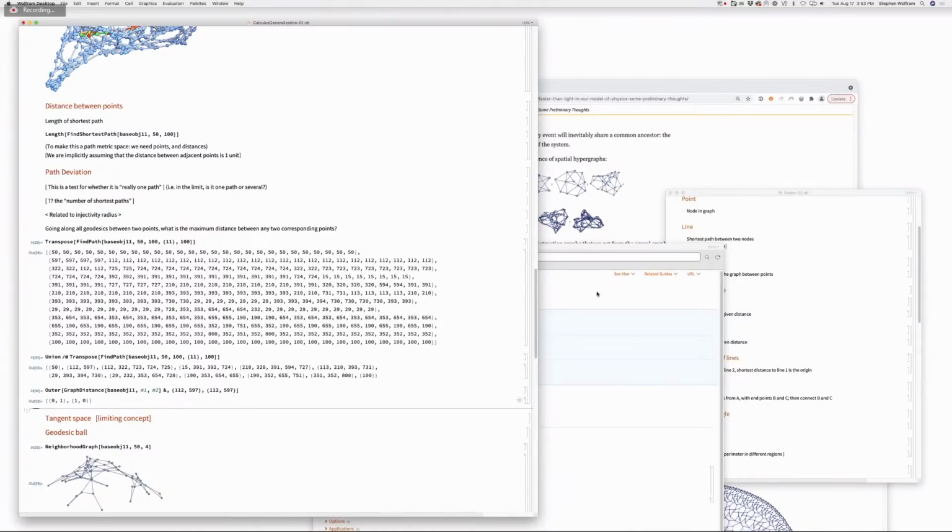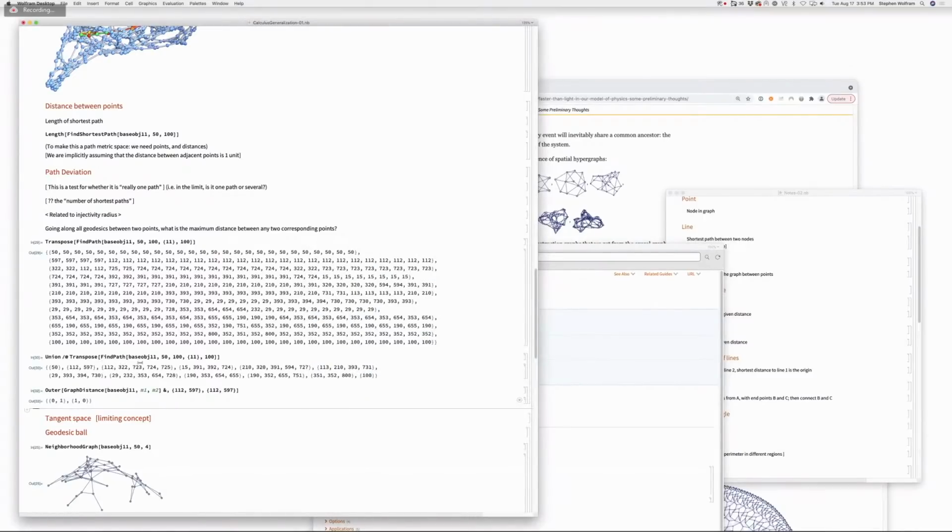what we could also do is to compute the graph distance matrix, but that was very fast. So we can actually probably just do this.